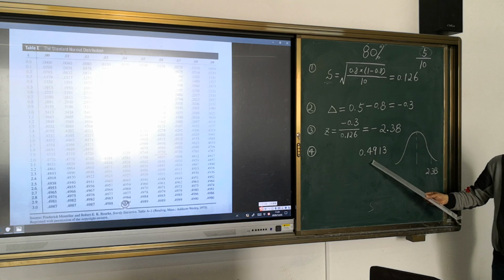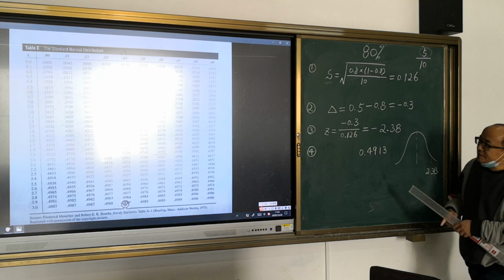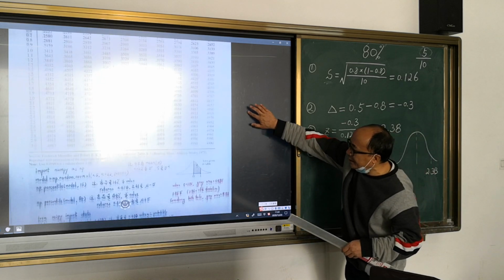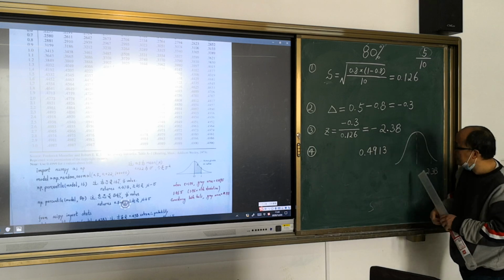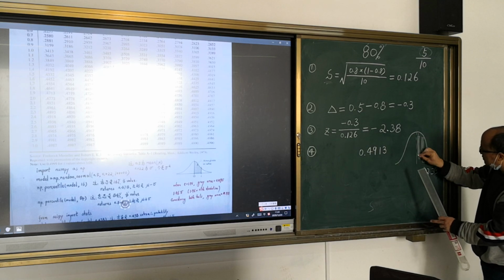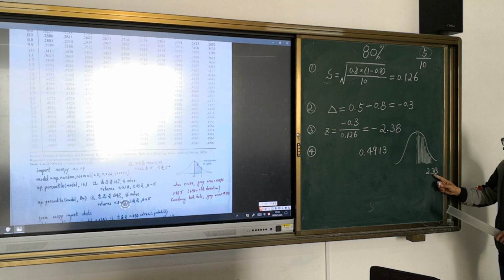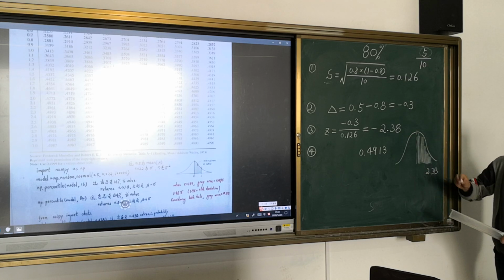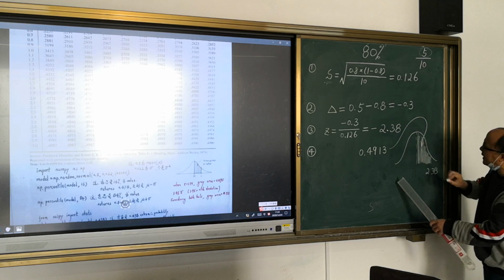What's the meaning? It's the meaning is this area, the shaded area, with z equal to 2.38. Okay, is this area.